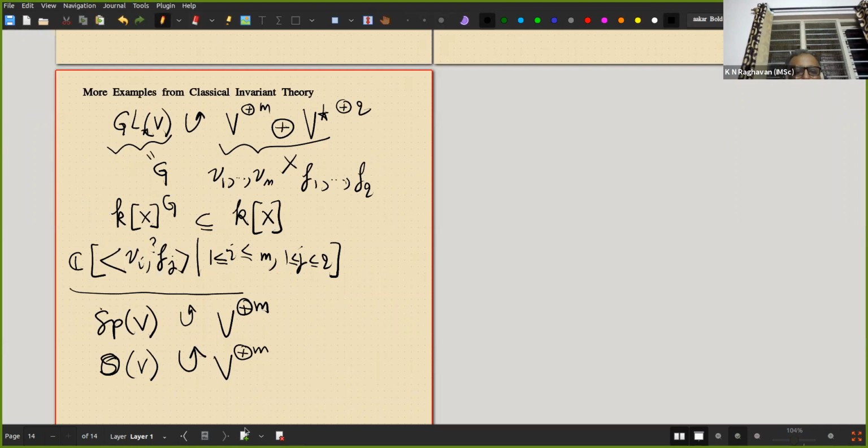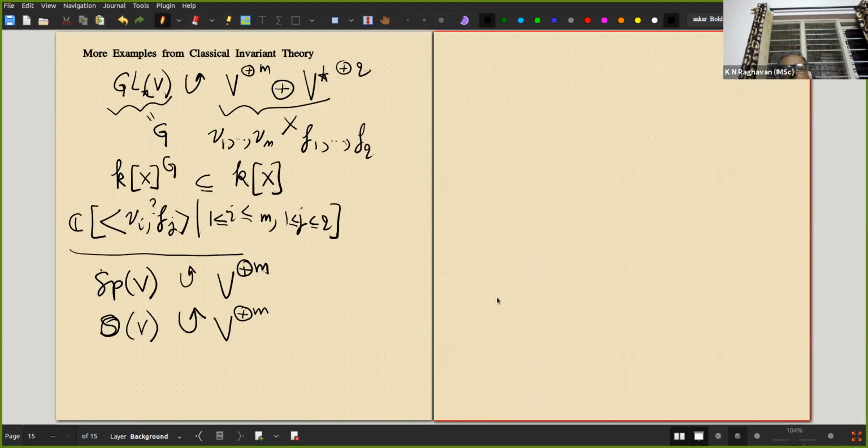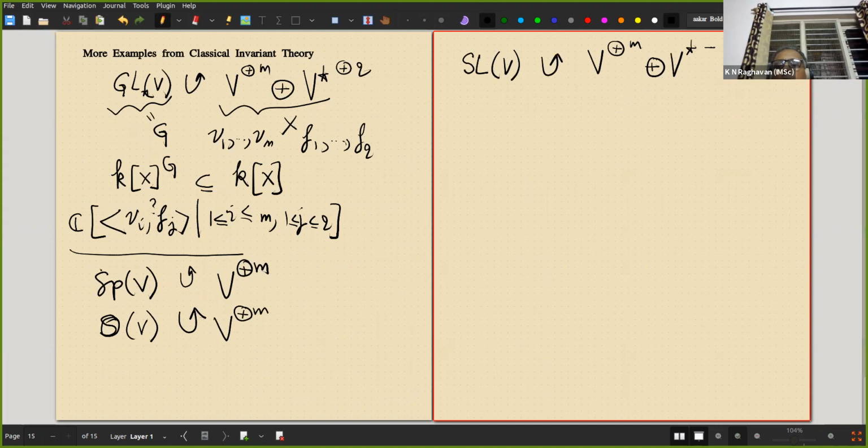Let me just give you, very quickly, the example for SLV and then finish. So suppose I take SLV acting on V direct sum M plus V star direct sum Q. Now, of course, anything that is invariant for GLV is also invariant for SLV.